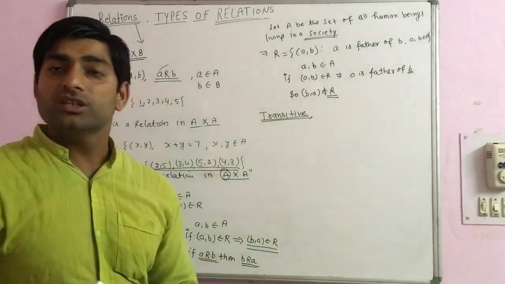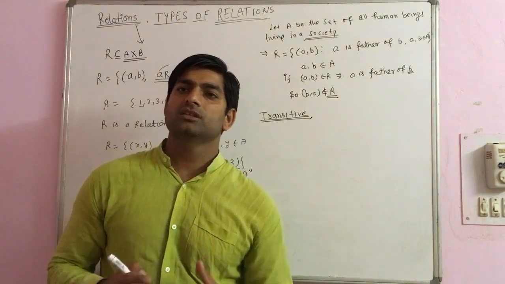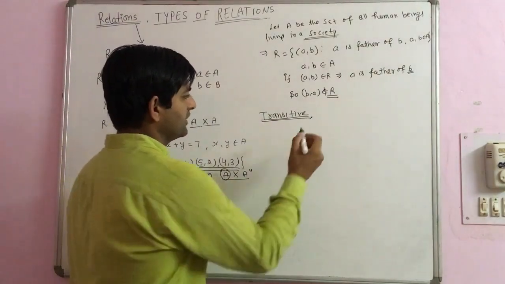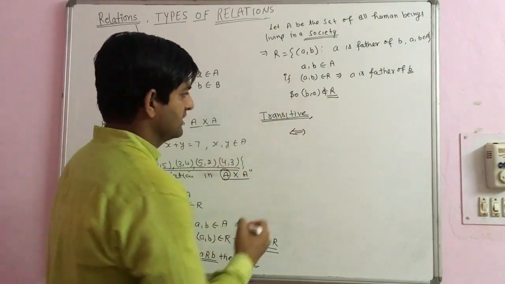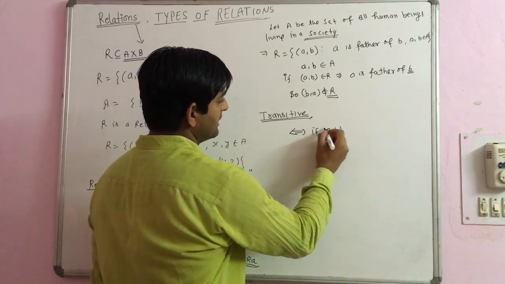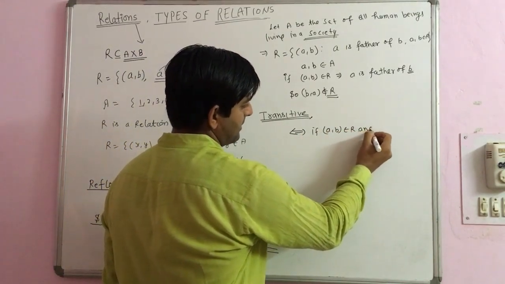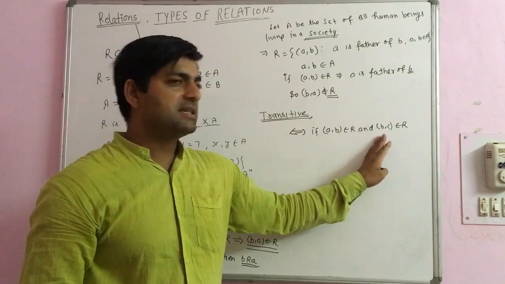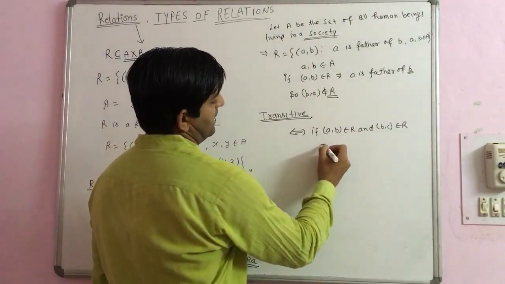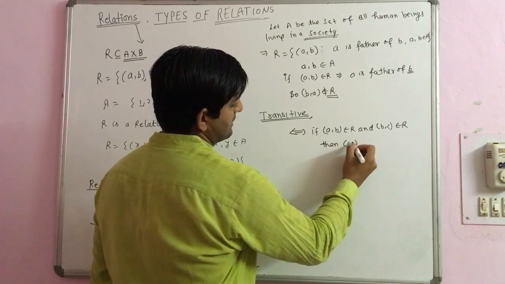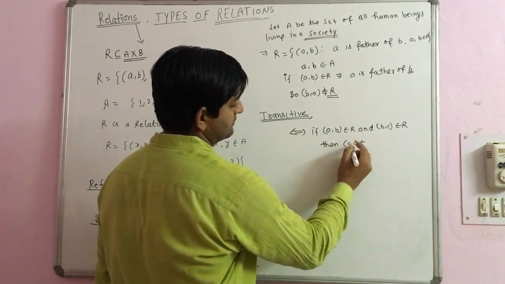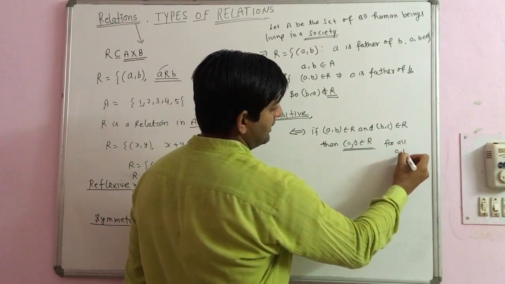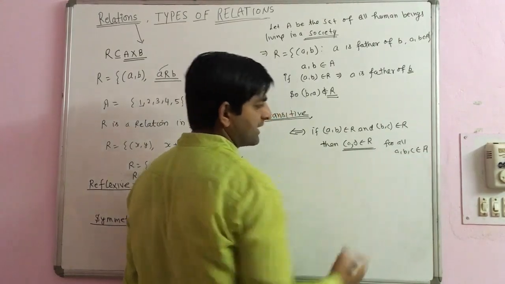A relation is said to be transitive if and only if, or you can write implies, that if AB is in R and BC is in R, then AC is in R, for all A, B, C belonging to the set A.